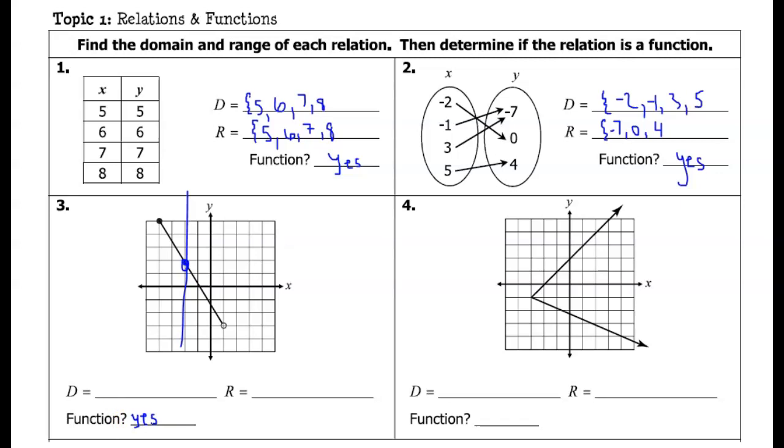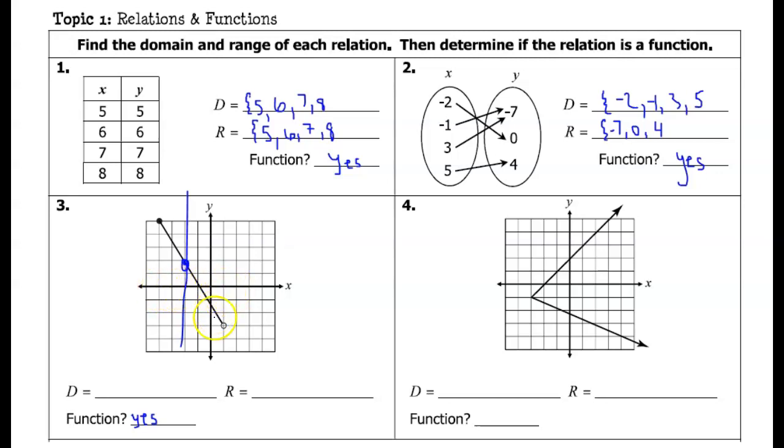Now, if I talk about the domain of the graph, I want to talk about how far across the x-axis this graph stretches. Look at it. It only goes from negative, is that 5? 1, 2, 3, 4. Yeah, so -4 all the way to 1. So we're looking at how far across it goes, and it's only -4 to 1.